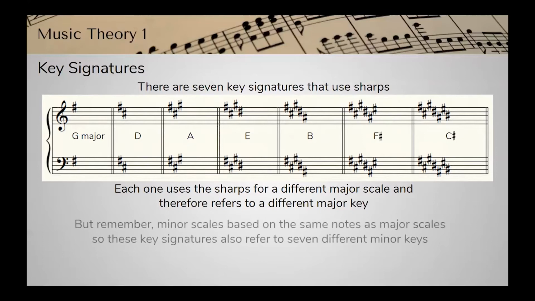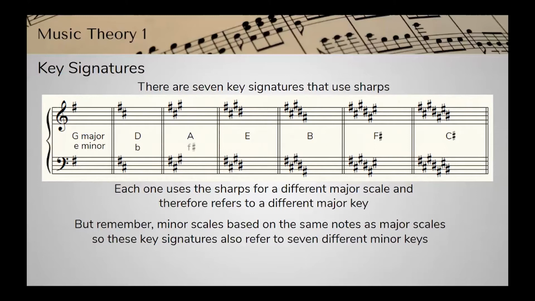That's a fun one. Okay, and remember though, because minor scales are based on the same notes as major scales, right? So remember, a scale like C major has the same notes as A minor. We also use these key signatures to refer to the 7 different minor keys, okay, the ones that share the notes with those major keys.